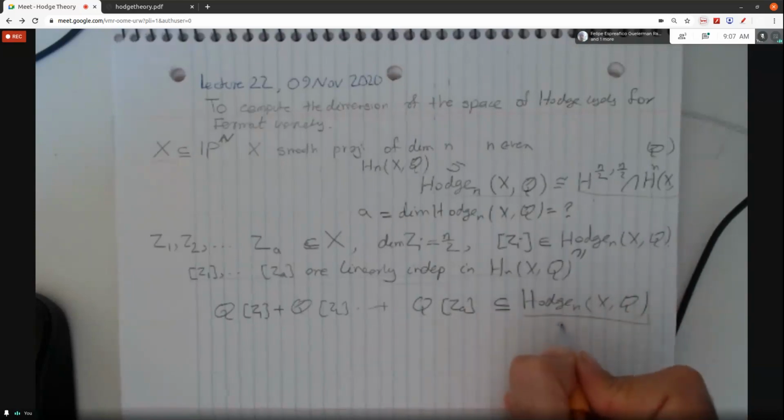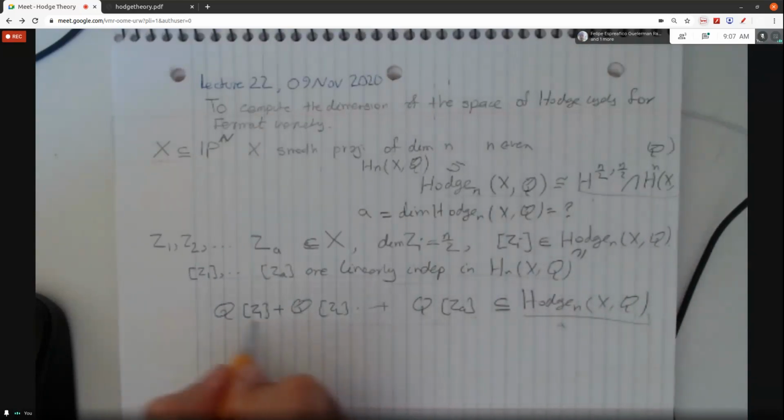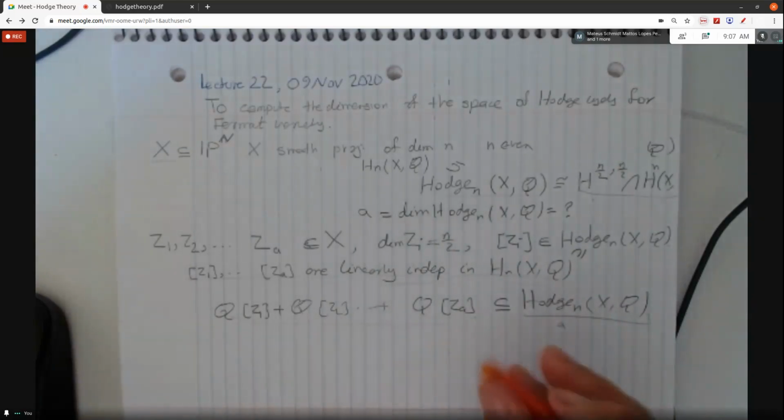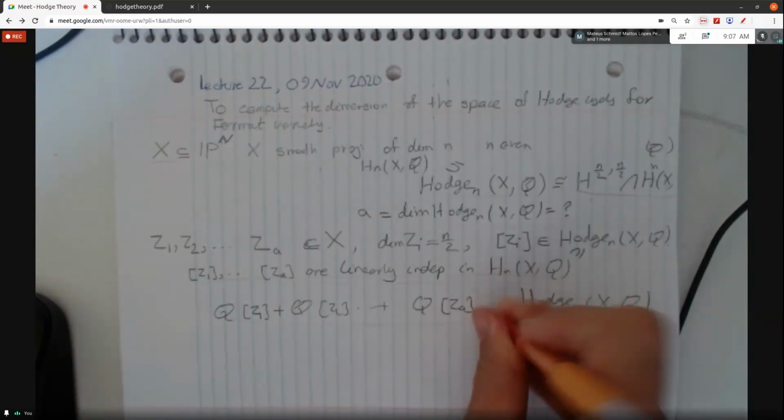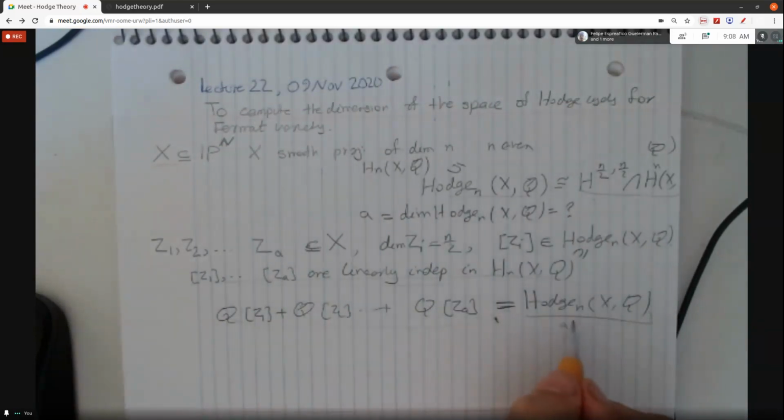This is of dimension A, and we have also A linearly independent elements there. This will imply that at the end of the day, this is the equality. So the Hodge conjecture is verified. Any Hodge cycle is an algebraic cycle.